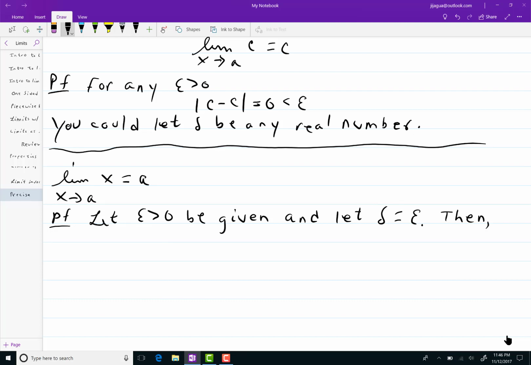Then, when 0 is less than the absolute value of x minus A is less than delta, that's no different than 0 is less than the absolute value of x minus A is less than epsilon, since they're the same, which clearly implies that the absolute value of x minus A is less than epsilon. So that takes care of that limit.